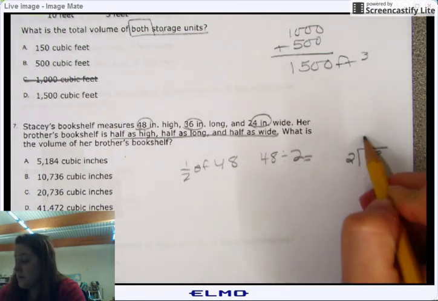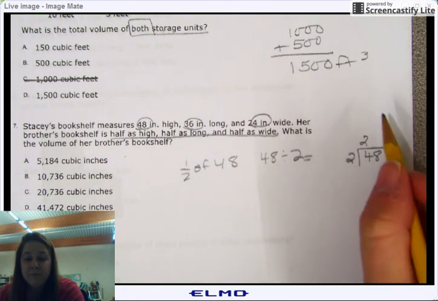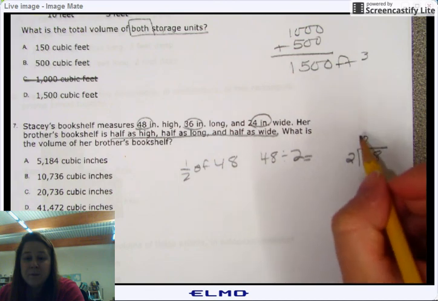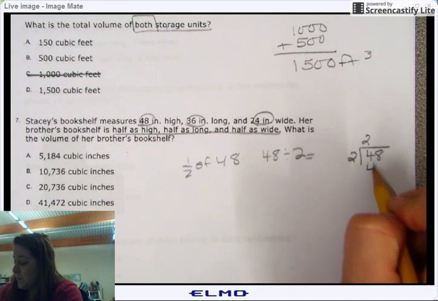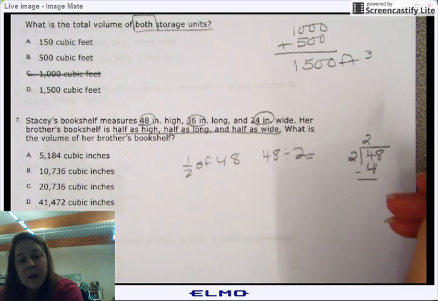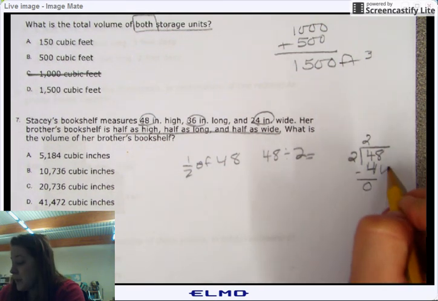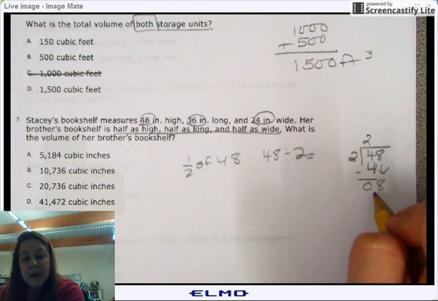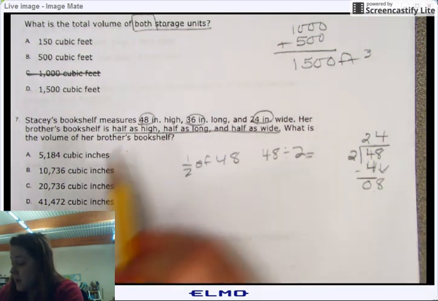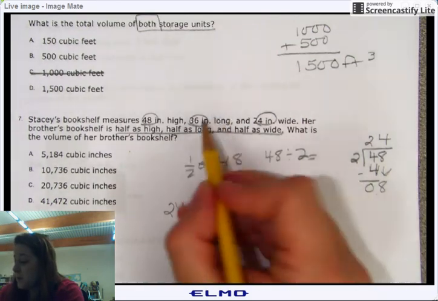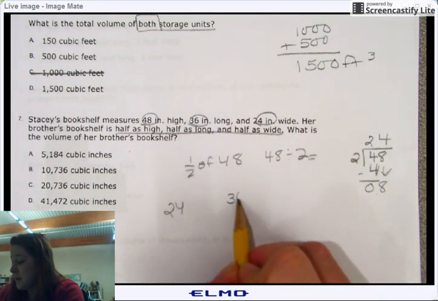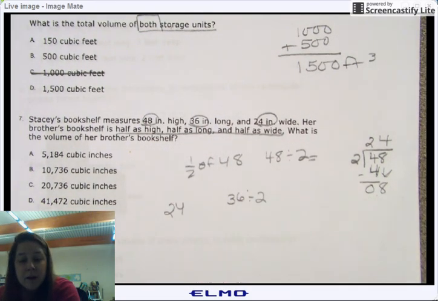2 goes into 4 2 times. 2 times 2 is 4. I subtract. I get 0. Bring down your 8. 2 goes into 8 4 times, leaving me with 24 high. Now I'm going to do the same thing. I'm going to take 36 and divide it by 2.